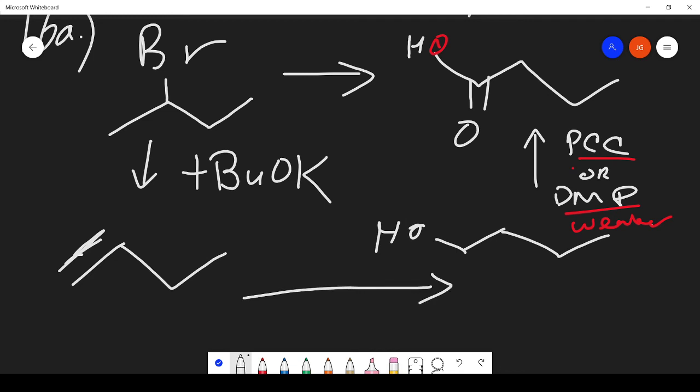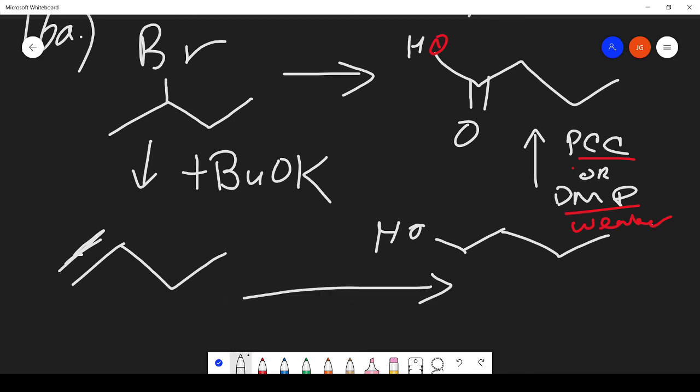Well, we're going to add OH, but in the less substituted position. So the less substituted position. Okay, now how do we make sure that the OH adds in the less substituted position? Well, we're actually going to use hydroboration oxidation.